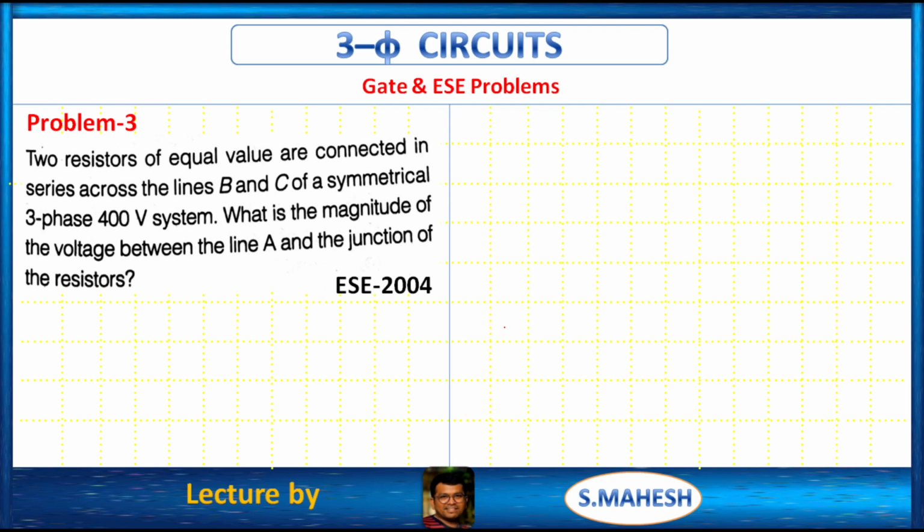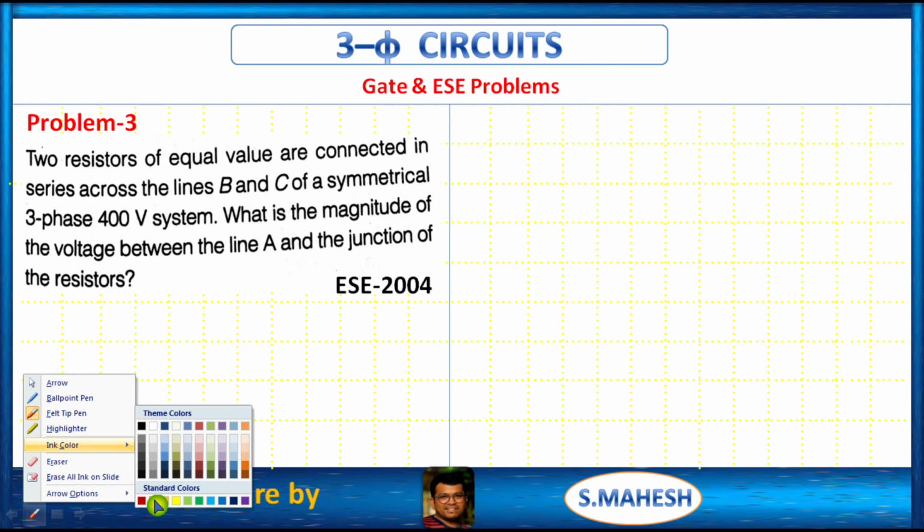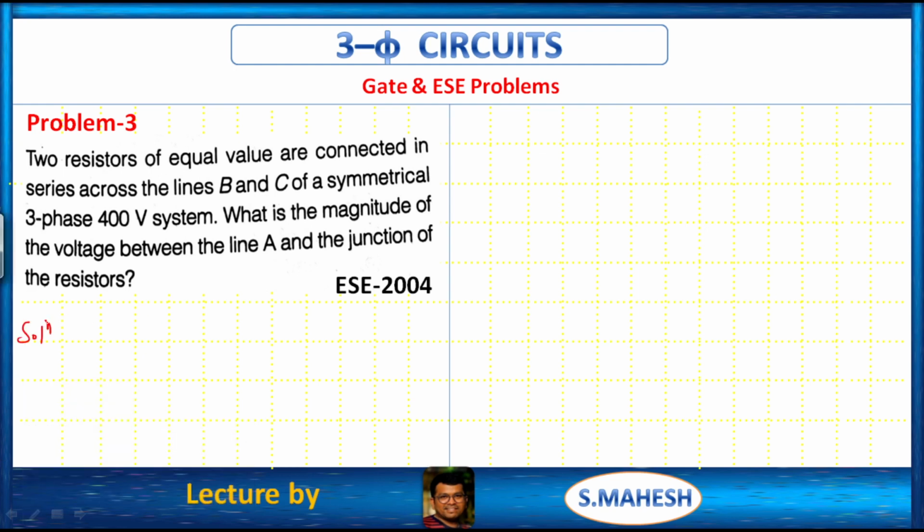Next problem is, two resistors of equal value are connected in series across the lines B and C of a symmetrical 3-phase 400 volt system. What is the magnitude of the voltage between the line A and the junction of the resistors? Means, that is, the circuit is what? Let us say this is A, okay? This is B phase, this is C phase.